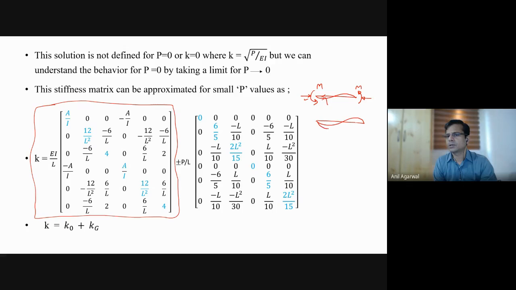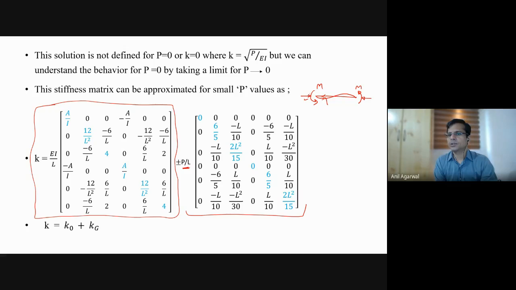This was the original one, but then you get enhanced or amplified deformations. Then how do we do that? In today's class, we will derive the secondary part of this stiffness matrix, which is a function of P itself.